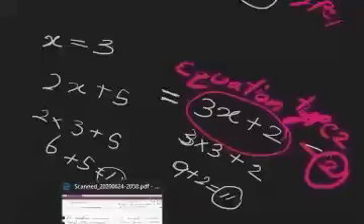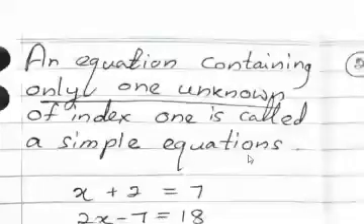Okay. Now we will move to the characteristics of an equation. Here we are discussing only simple equations, right? In a simple equation, there is only one unknown term, and the index of that unknown term should be equal to 1, right?